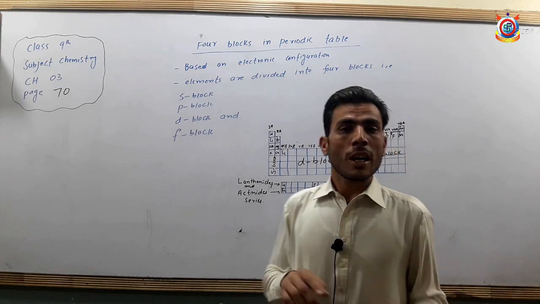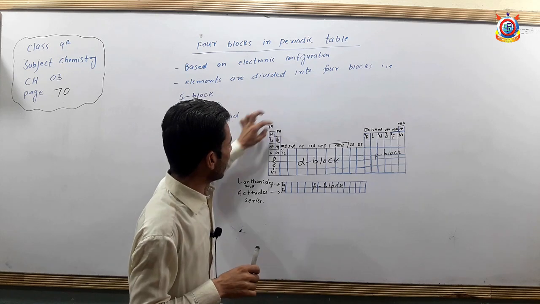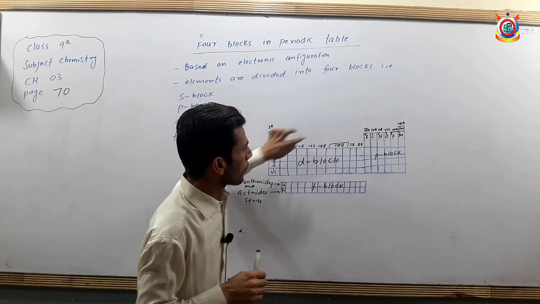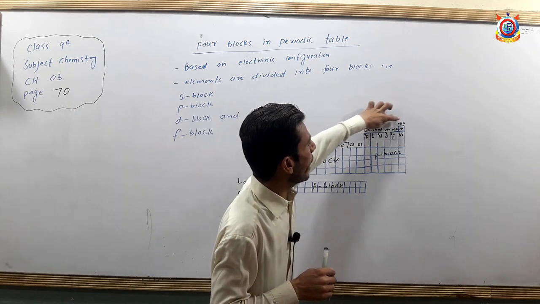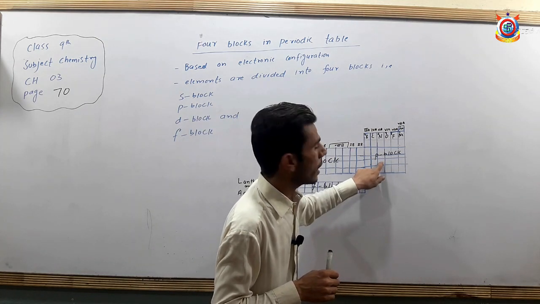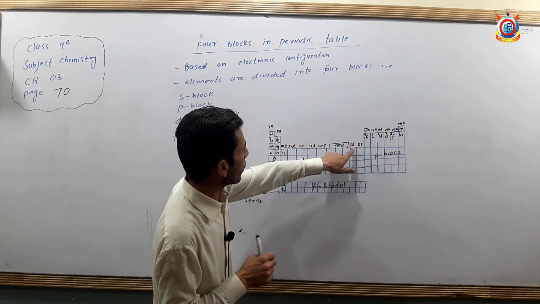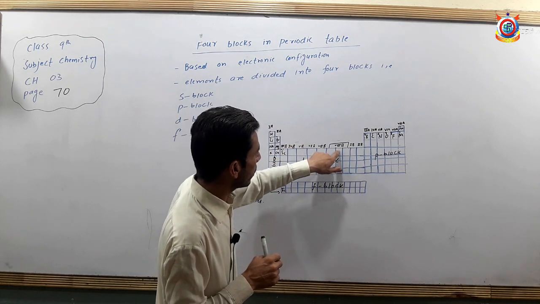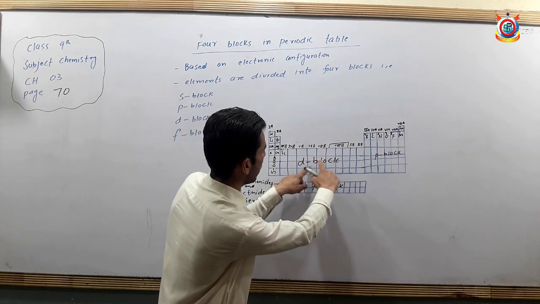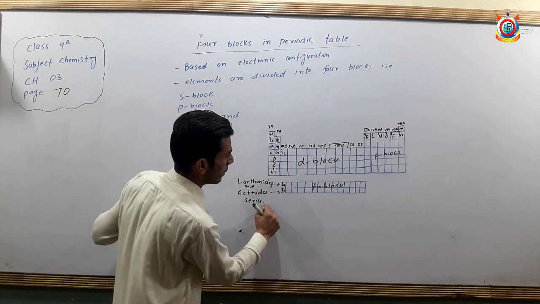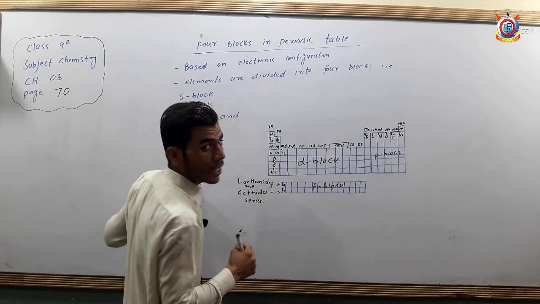Dear students, group numbers first and second A are called S block elements. From group third A to 8A, these elements are called P block elements. From group first B to group 8B, these elements are called D block elements, and lanthanides and actinide series are called F block elements.